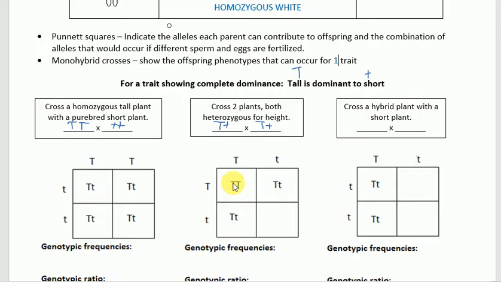Okay, and we're going to cross those, and here we end up with 2 lowercase t's. Cross a hybrid plant with a short plant. Hybrid is another word for heterozygous, so we've got capital T, lowercase t, with a short, which we know is homozygous recessive. So those crosses, we are going to end up with these genotypes.